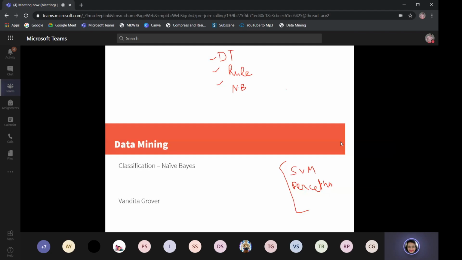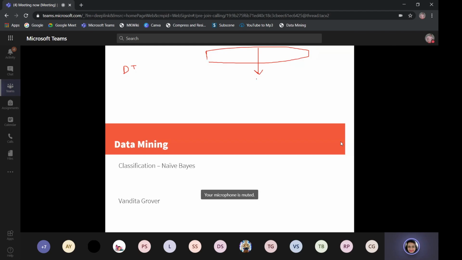So in decision tree, what we did was, you had some set of attributes for all the records, and the attribute that gave you maximum information or was purest, you used it to split to make a decision.